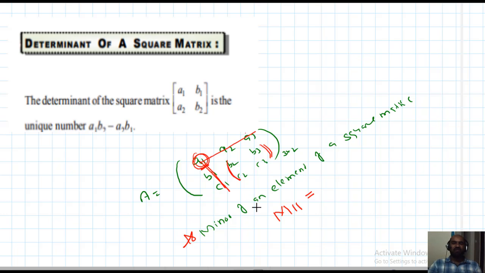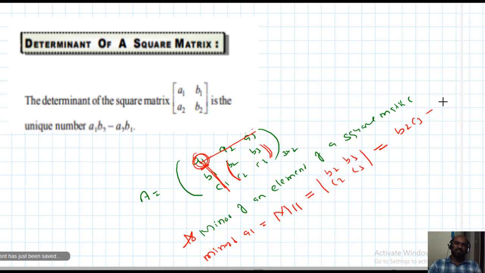Now I can say that the minor of the element a1, M11, equals: remove this column and this row, and the remaining elements give a 2 by 2 determinant, that is b2, b3, c2, c3. What we get is called the minor of the element a1. So here we get b2 c3 minus c2 b3.